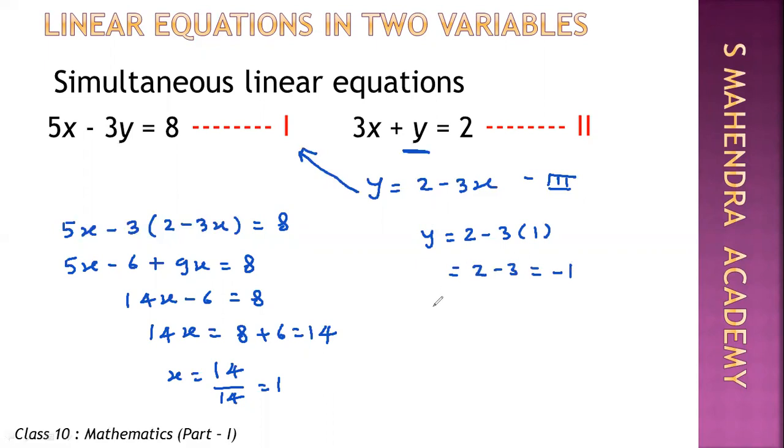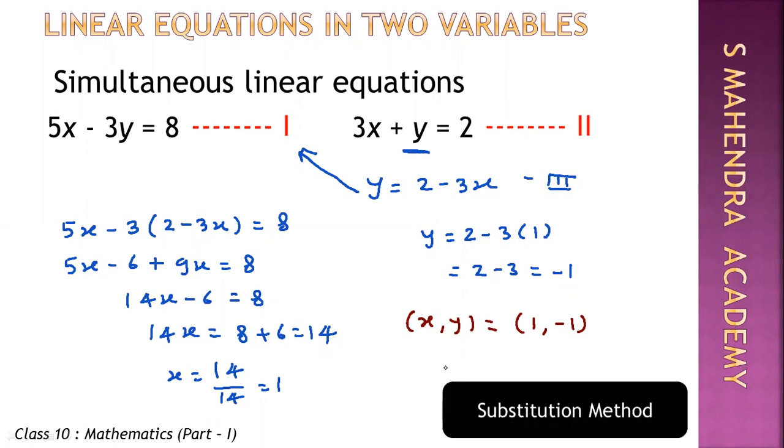Therefore the value of y will be minus 1, and the solution for these equations will be x, y is equal to 1, minus 1. Here we have substituted the value of one variable in terms of another variable. Therefore this method is called the substitution method.